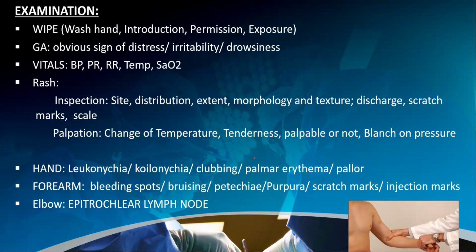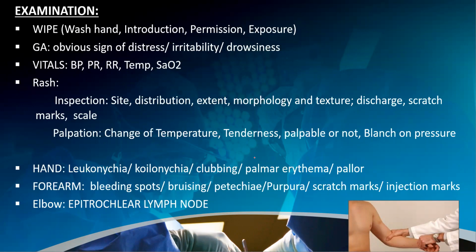So first, dear examiner, on inspection, I'm looking for the site of the rash, distribution of the rash, and extent of the rash. Looking for the morphology and texture. So I'm looking for whether it is a maculopapular rash, vesicular, or a purpuric rash. I'm looking for any obvious discharge, any scratch marks, or any scales.